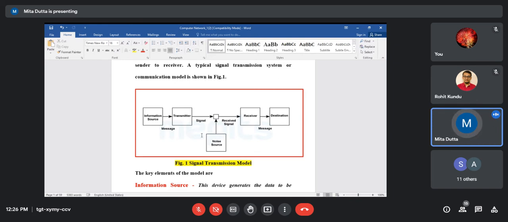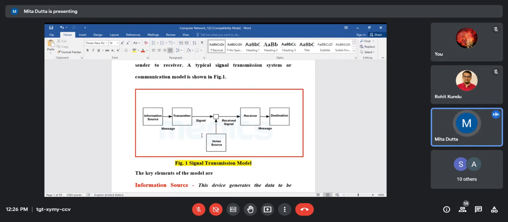Similarly, baseband signal transmission is in digital form also. In digital form, it is known as pulse code modulation or PCM. So PCM is an example of sending baseband signal in digital form.